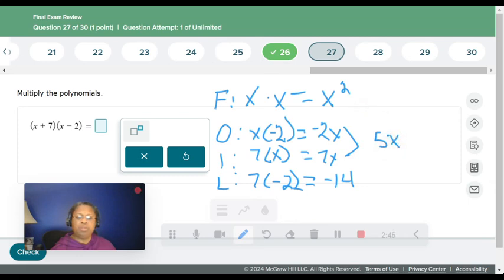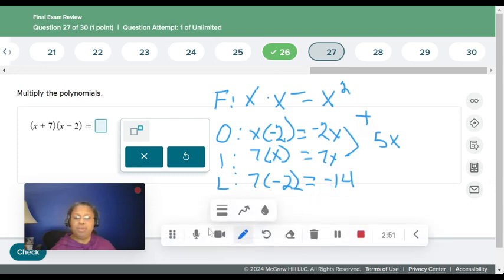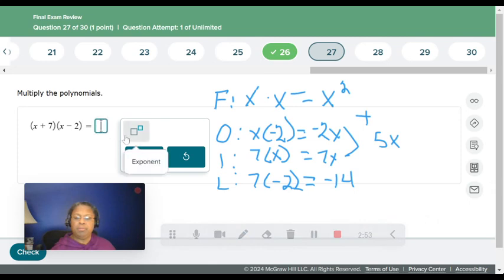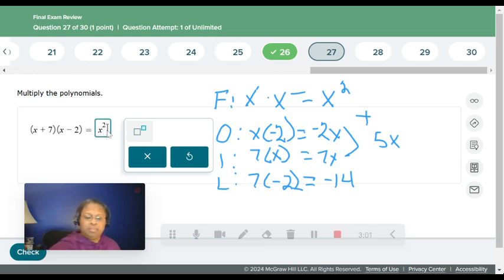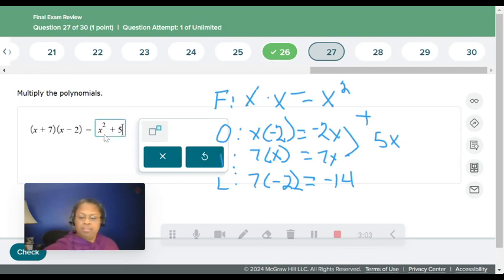So once we put all of this together, there's a plus sign here and a minus sign here. We're going to have x squared plus 5x minus 14.